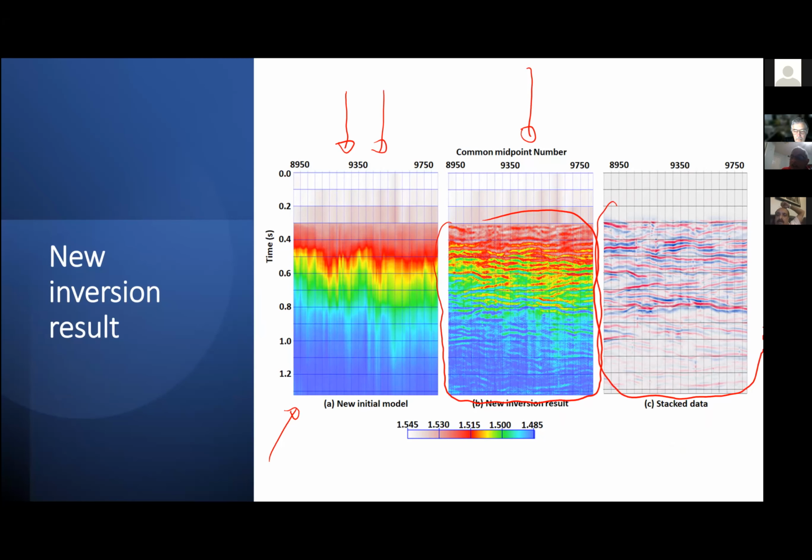They are consistent. I did not guide the inversion at all through those interpreted horizons, but still it found these features in all of them. So this is what I mean by a way to do a bias-free inversion.